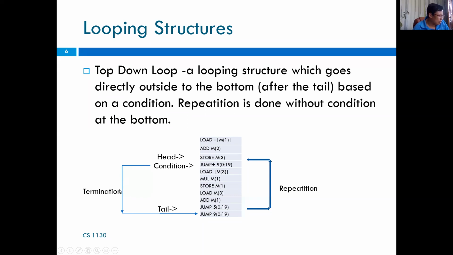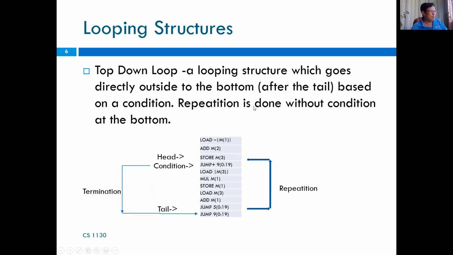This is called the termination pass. It will skip the body of the loop and proceed to the part which is after the tail, which means it will completely skip the body of the loop. If the condition is not reached, then the body of the loop is executed.